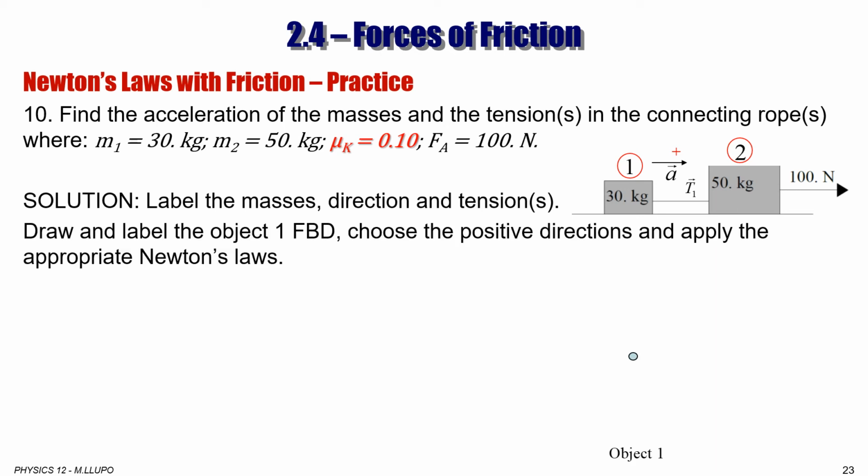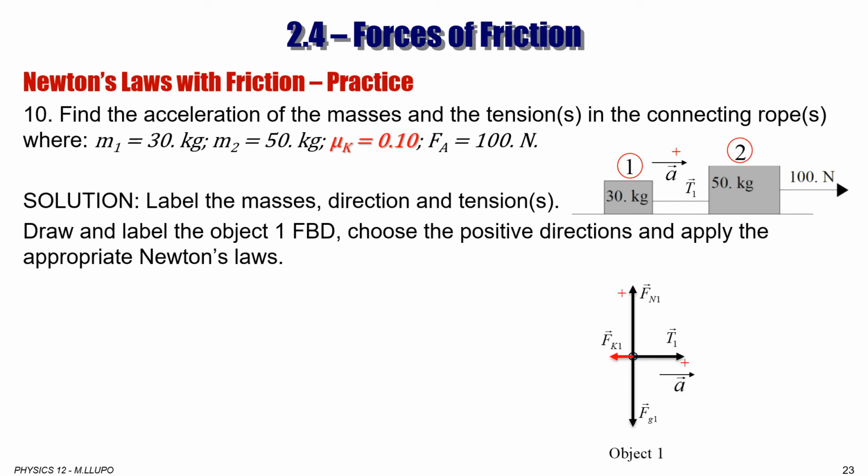Then we draw the free body diagram of object 1: force of gravity, normal force, which we label as G1, Fn1. Then tension on the right side, that was there before, but now here is a difference. We have kinetic force of friction, and we label it Fk1 because it is acting on object 1.